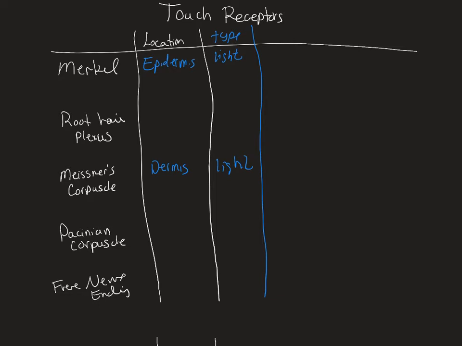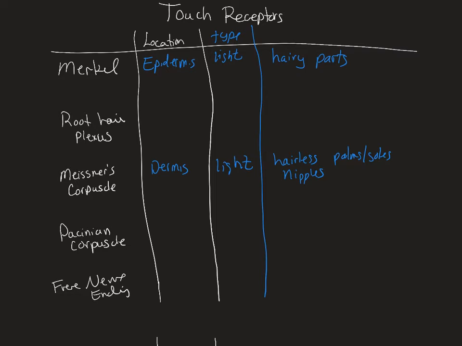First of all, the Merkel cells are in the epidermis and the Meissner's corpuscle is in the dermis, okay? The other thing that's interesting about these is that the Merkel cell, you're finding it in hairy parts of the body. So on the top of your head, in your axilla, on the backs of your arms. Meissner's corpuscles are going to be in hairless areas, like the palms and soles of your hands and feet, the nipples, eyelids, those kinds of places, okay? And that's kind of cool.